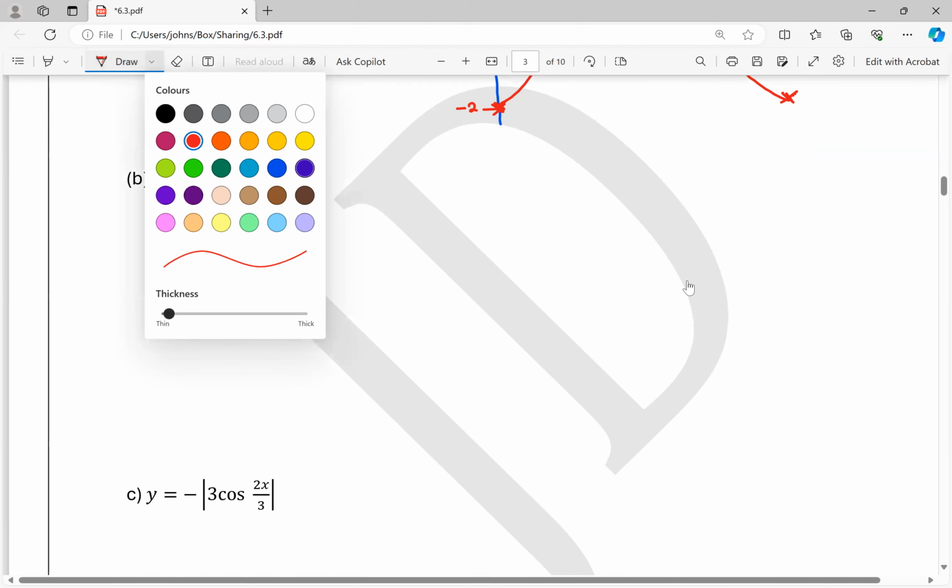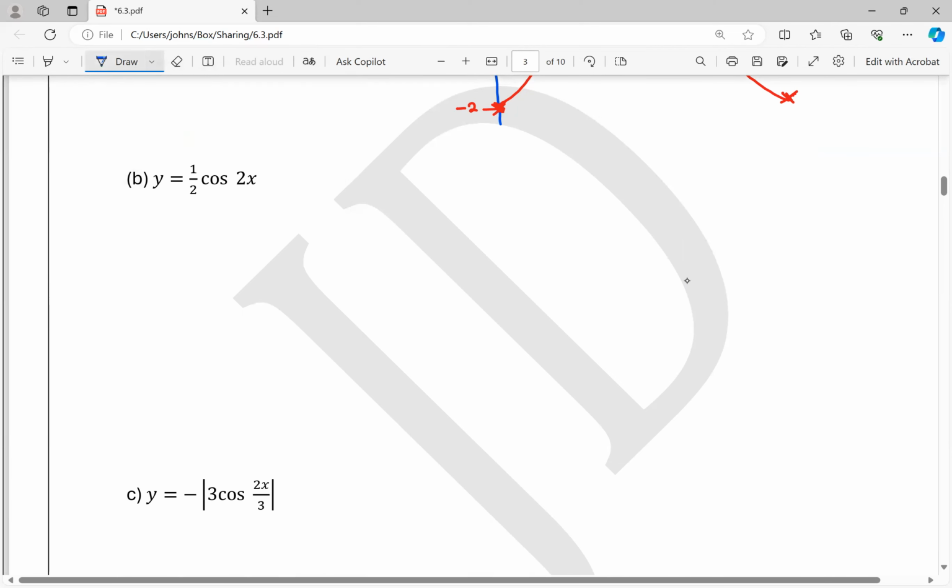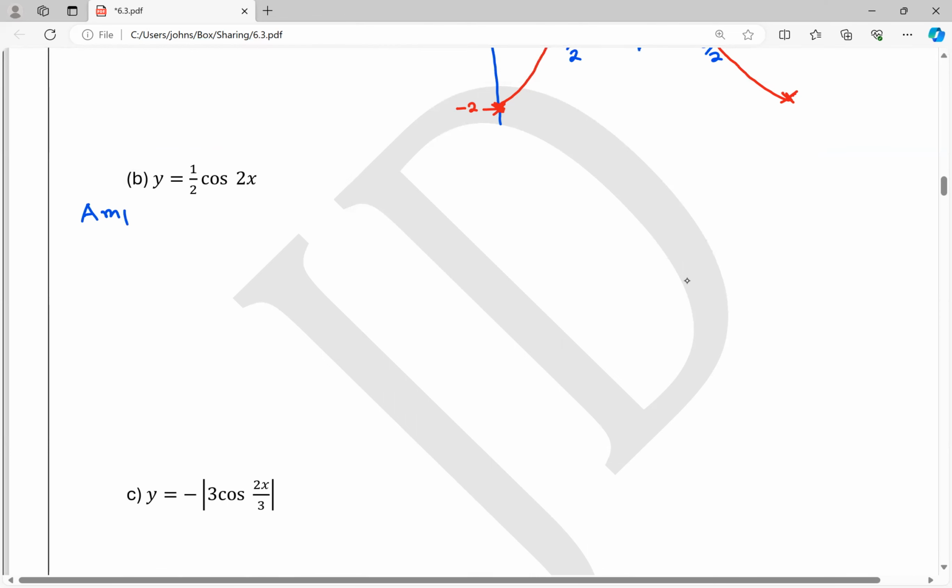The same story here. Our amplitude is still the same way we find it, the absolute value of A. So the absolute value of half, 1 over 2. This is going to be 1 over 2.